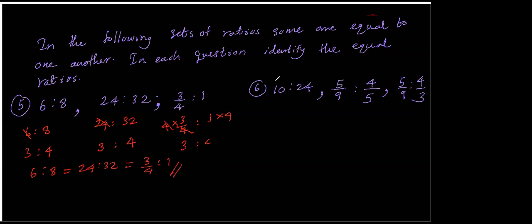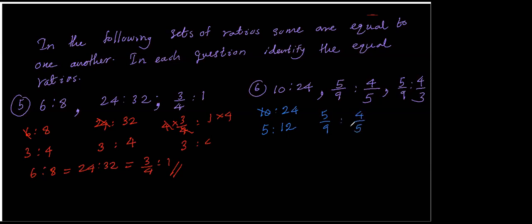This one, 10 to 24. Simplify. 5 to 12. This one, 9 to 4/5.